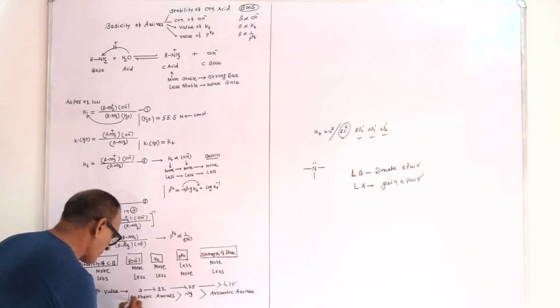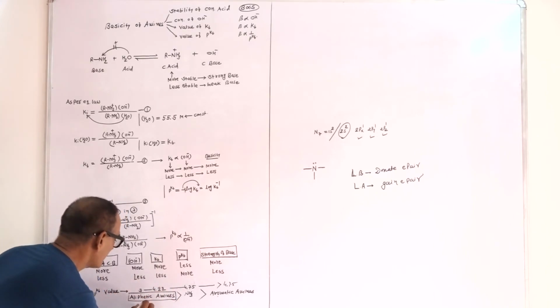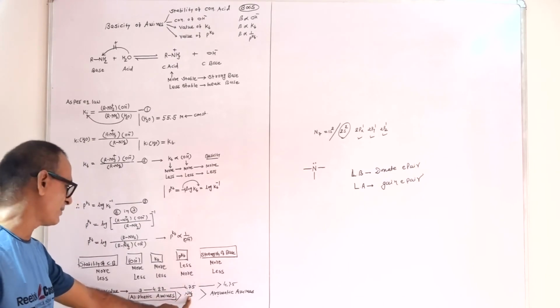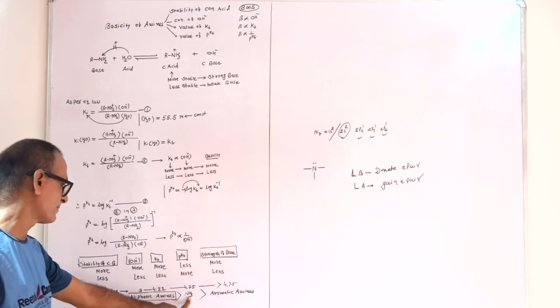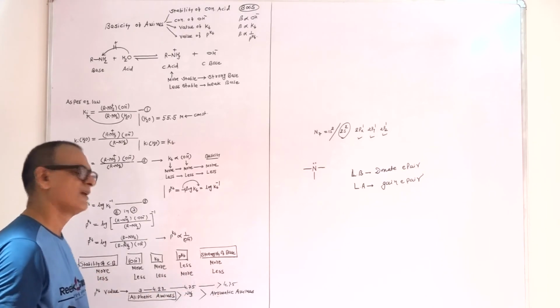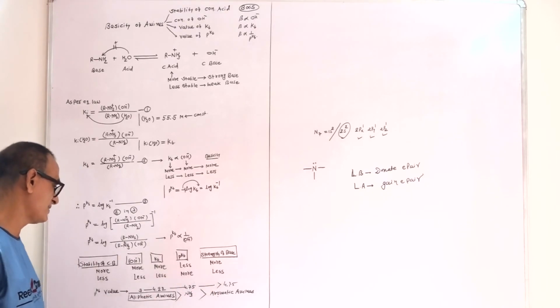Yes, aliphatic amines की वैल्यू इस रेंज में रहती है. Then 4.75 is the pKb value of ammonia and more than 4.75 is the pKb value of aromatic amines.